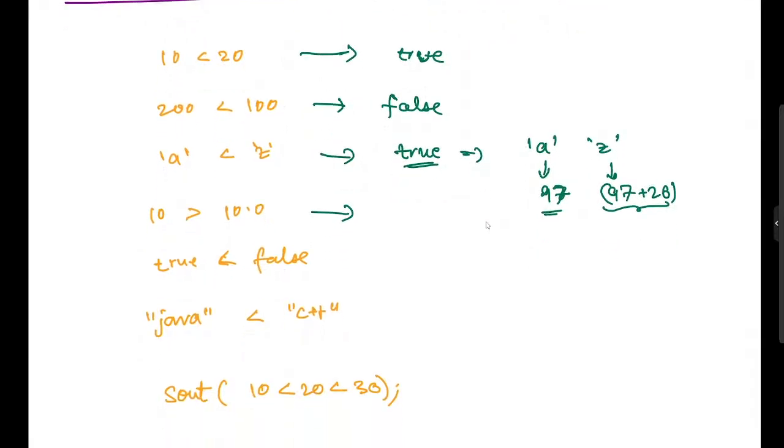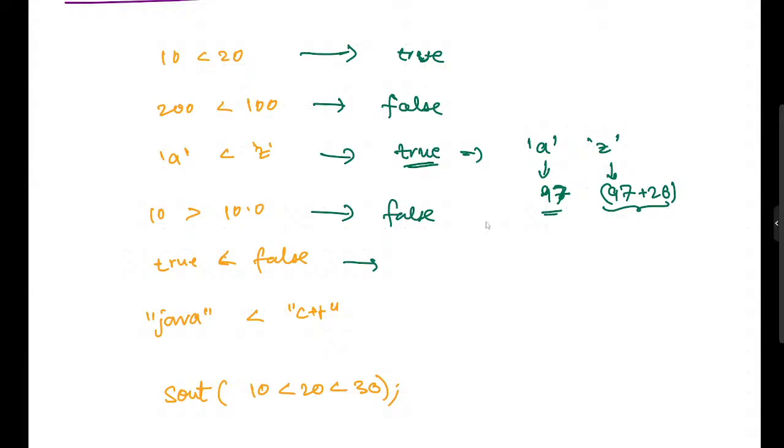Now 10 is not greater than 10.0, so Java will convert this element to an integer, and internally it will get you a false.